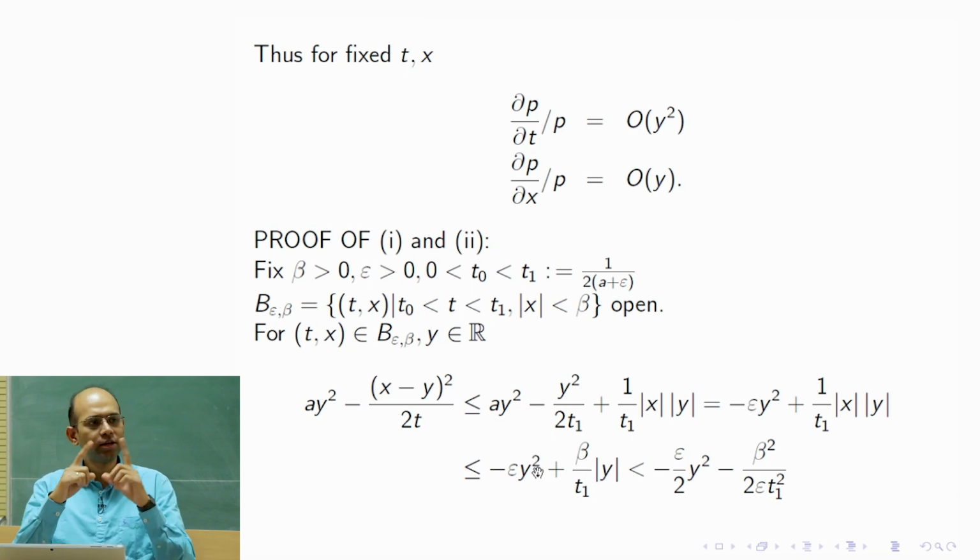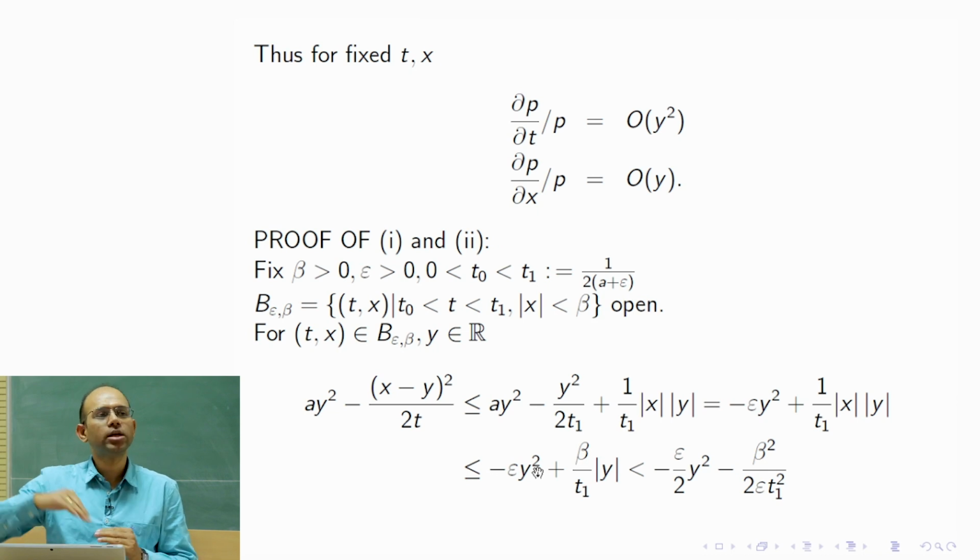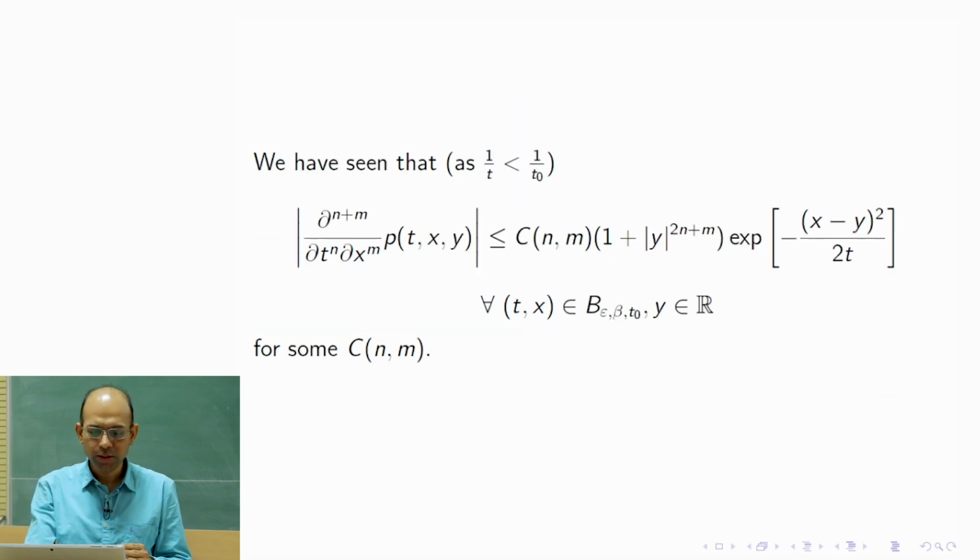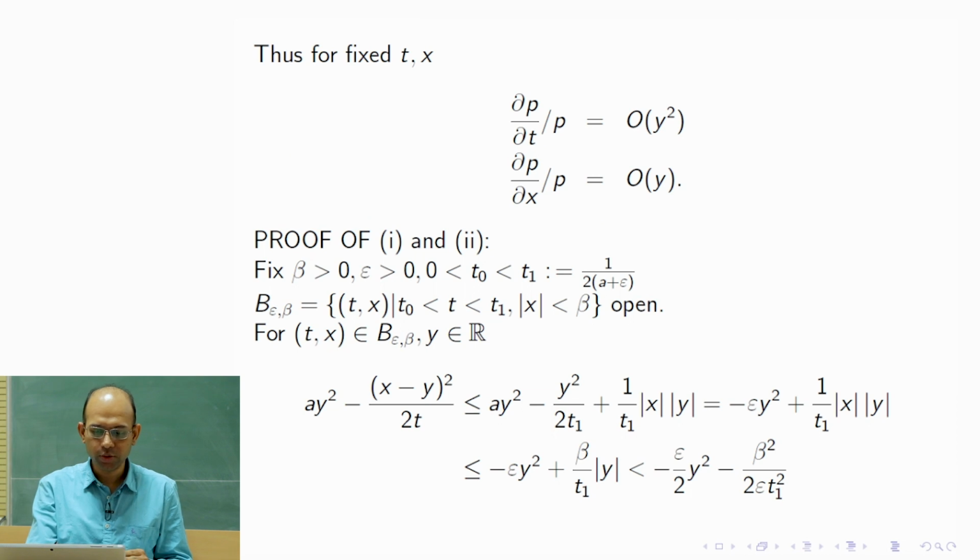So this is basically an inverted parabola, this y square. However, this second term is growing, but eventually for large y, this first term would win, correct? It would dominate. No matter how small epsilon is, for a large y this term would start dominating. However, you have to wait.